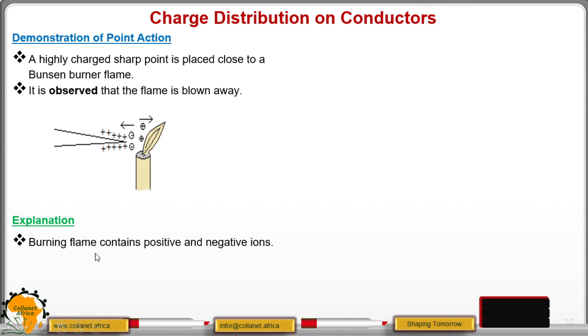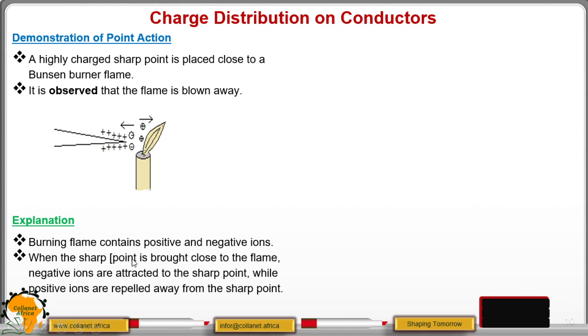The burning flame contains positive and negative ions because it was not initially charged. It has positive and negatively charged particles. But now, when the sharp point is brought closer to this flame, this sharp point will ionize the air particles that are in between the flame and the conductor.